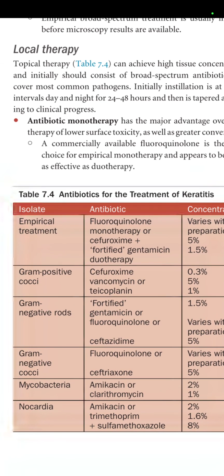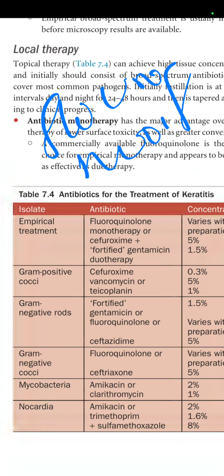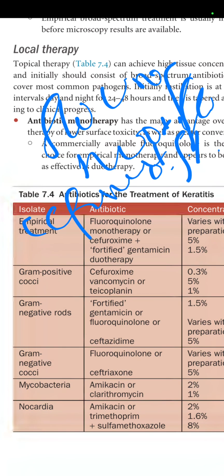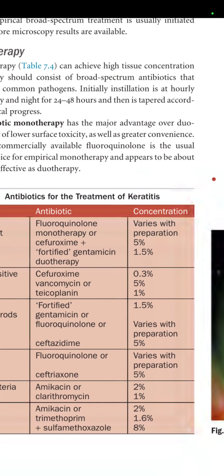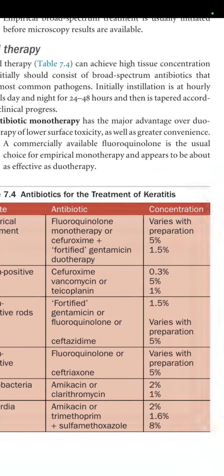Broad spectrum antibiotics are usually fluoroquinolones, that is moxifloxacin 0.5%, and we can also use the fortified drops, that is cefuroxime plus gentamicin. Basically the cefuroxime covers the gram positive and gentamicin covers the anaerobes and gram negative ones. Its concentration varies with preparation: cefuroxime is 5% and gentamicin is 1.5%.